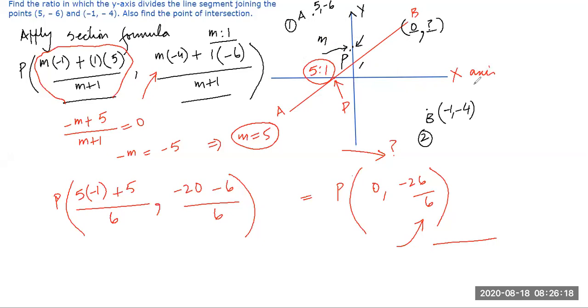Now if this point is on the x-axis, students, we should understand that all the points on the x-axis have their ordinate as 0. So this point would have been (x, 0). Then we would have equated the ordinate of this point to 0 and solved it. So let's see the second question.